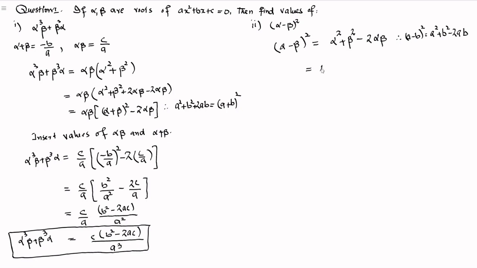for alpha plus beta, and for that we will have to add 2 alpha beta and subtract 2 alpha beta.